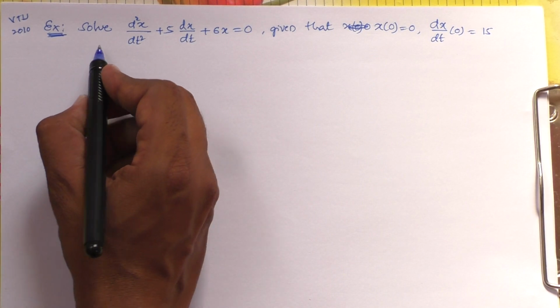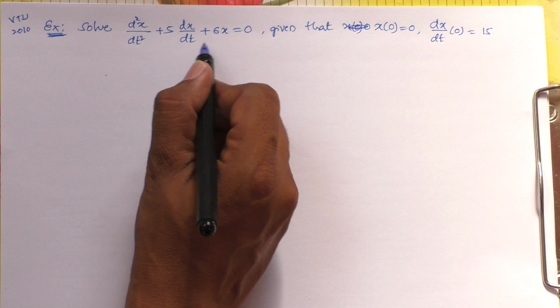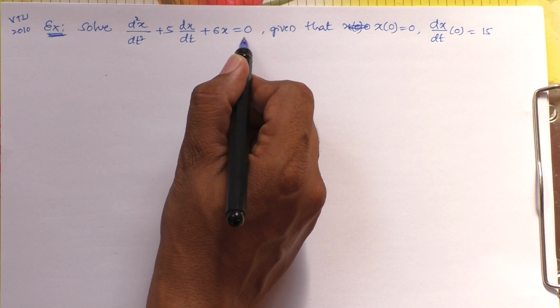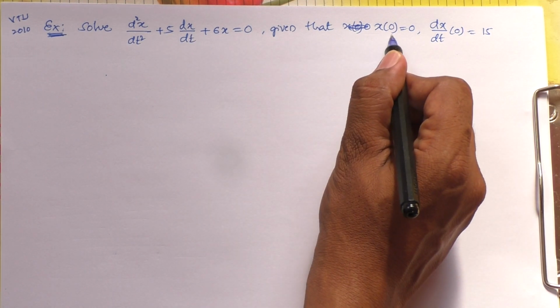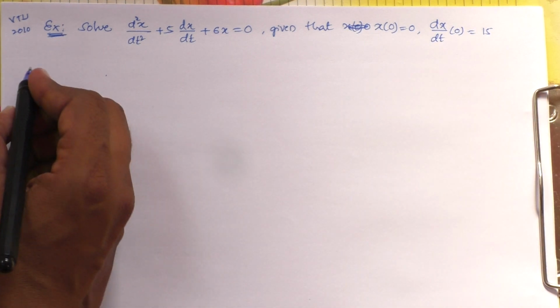The question is: solve d²x/dt² + 5 dx/dt + 6x = 0, given that x(0) = 0, dx/dt(0) = 15.